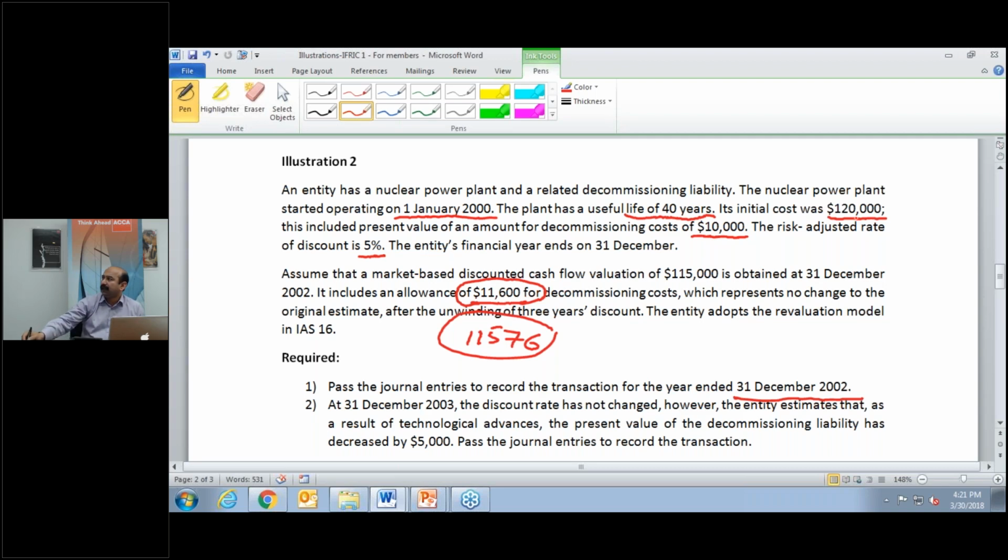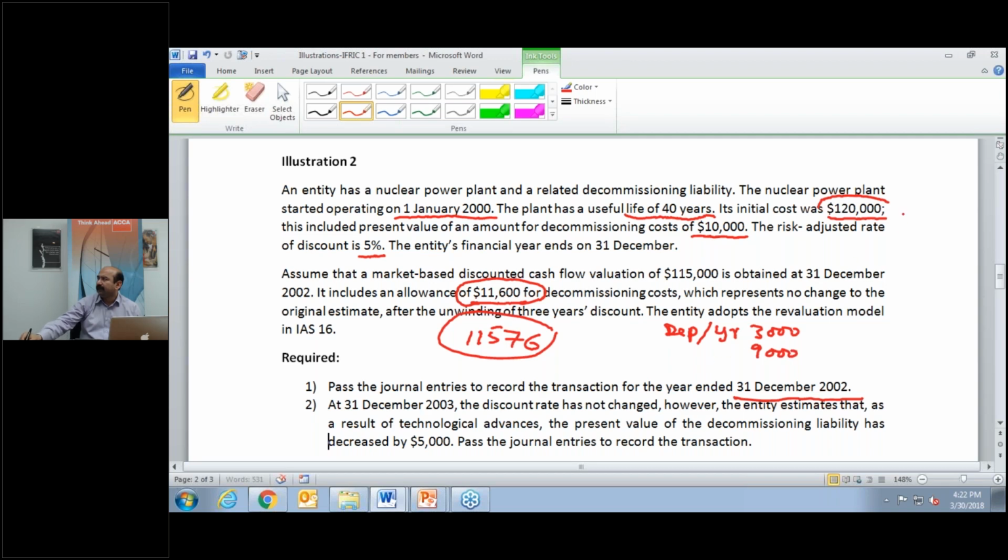See, if we look at this amount, this was the amount at the start, and at the end of the third year, what is the life of this asset? 40 years is the life of this asset. 120,000 divided by 40 will give us 3,000 depreciation per year. And for 3 years, accumulated depreciation will be 9,000.